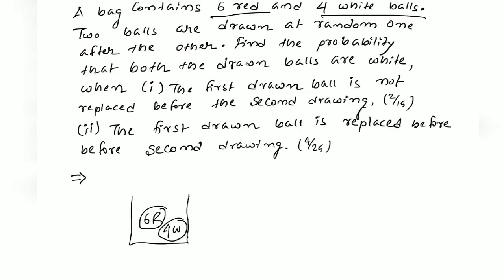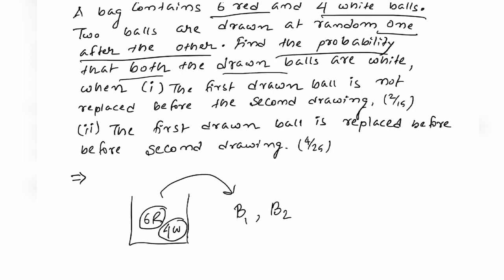Perfect. Now 2 balls are drawn at random, one after the other. First we draw one ball, suppose ball B1, and then we draw another ball B2. Now find the probability that both the drawn balls are white.